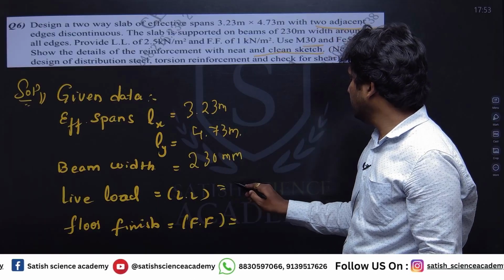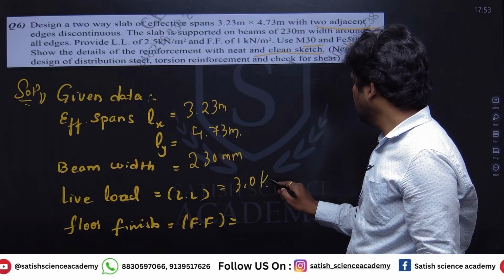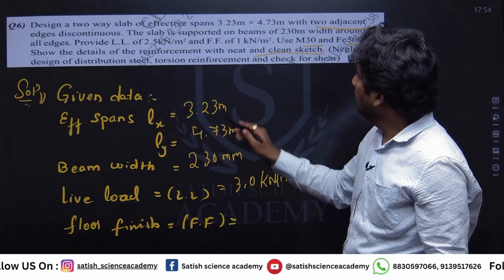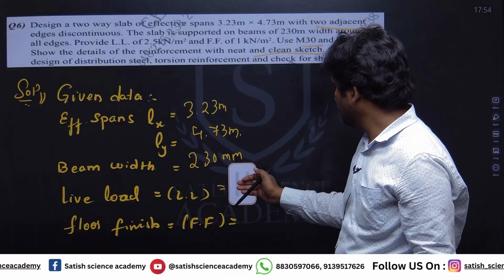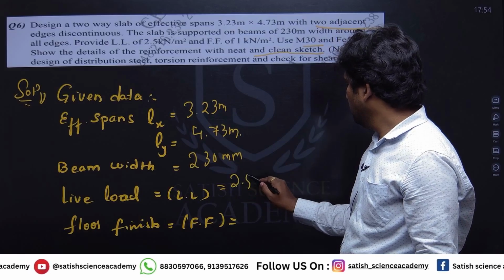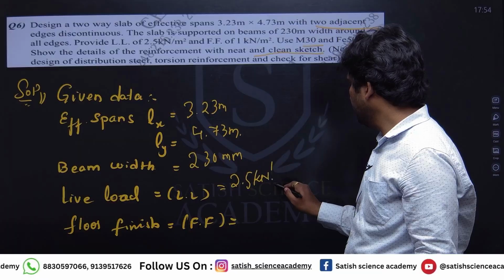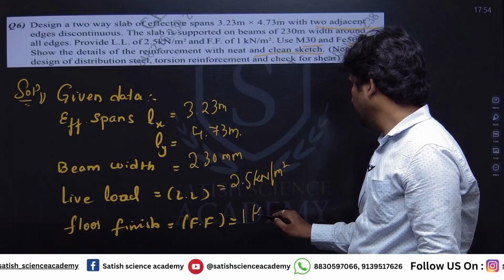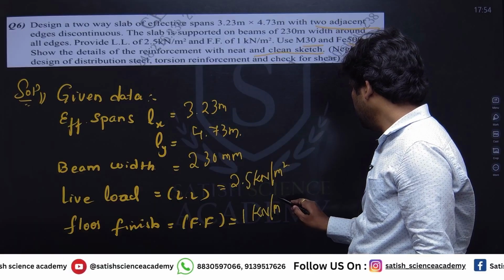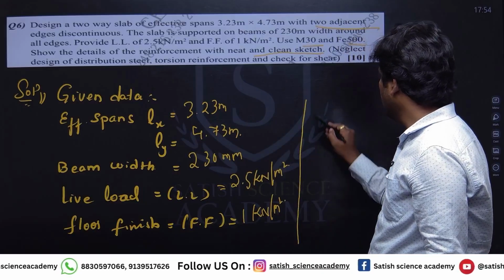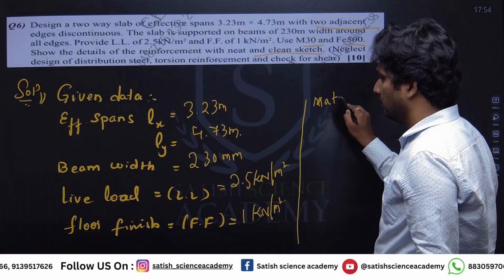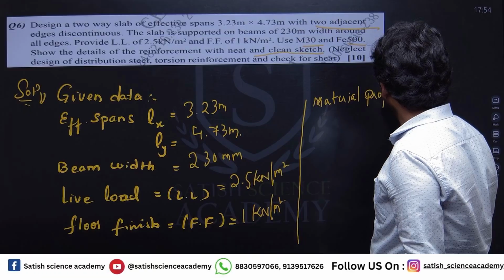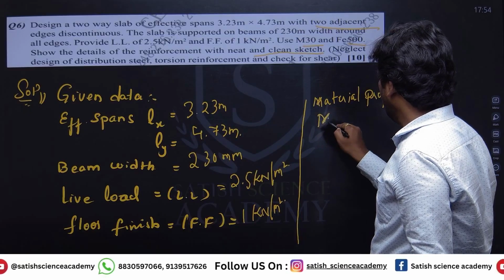Live load is given as 3.0 kilonewton per meter square, sorry, not 3.0, it is 2.5 kilonewton per meter square, and floor load is given as 1 kilonewton per meter square. Now material property is given as M30.